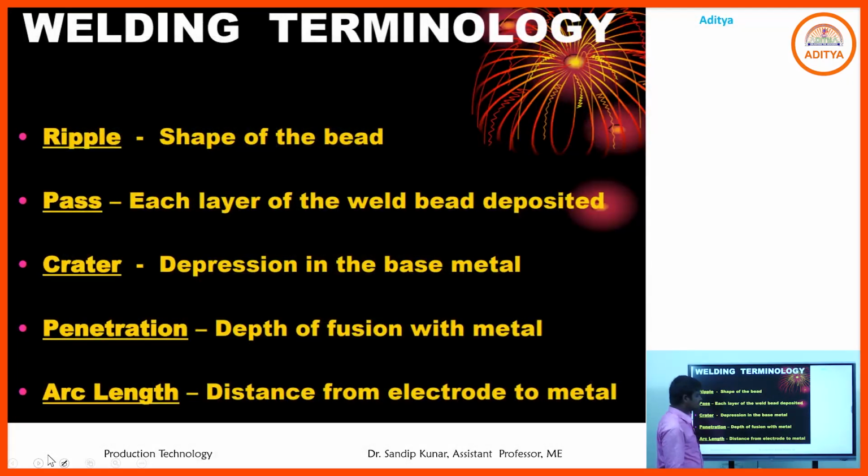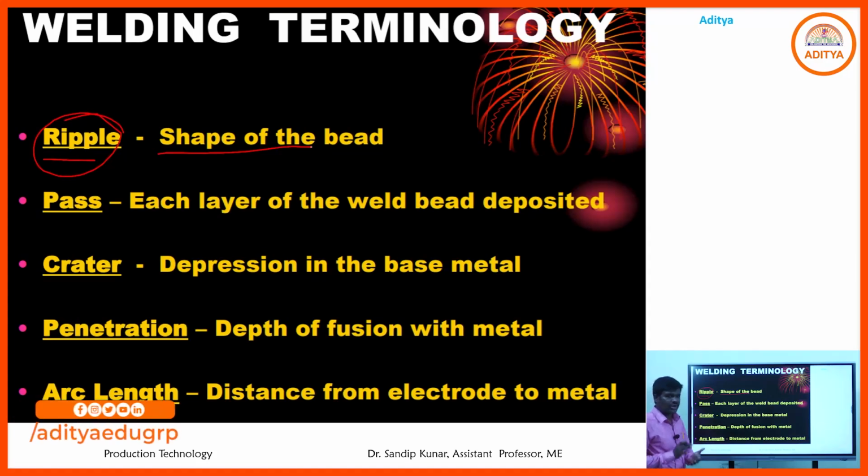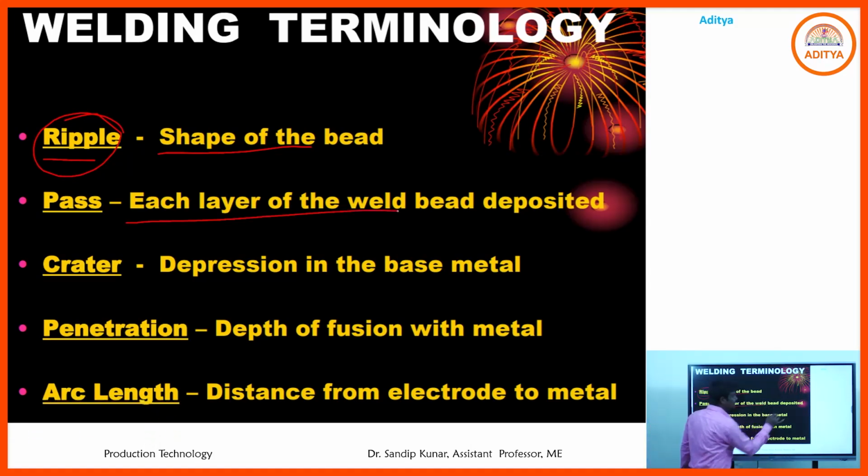Some specific welding terminology is there. What is the terminology? First one, ripple. Ripple is the shape of the bead, the accumulation of molten metal on the weld surface or weld zone. Pass: each layer of the weld bead deposited.